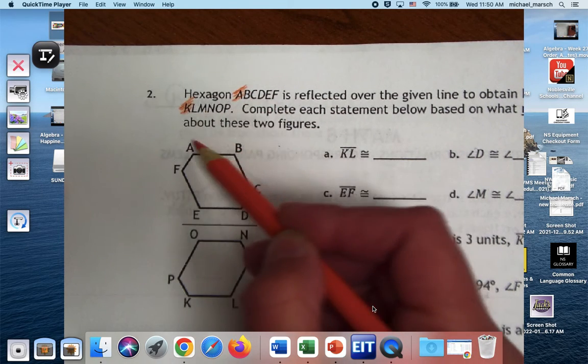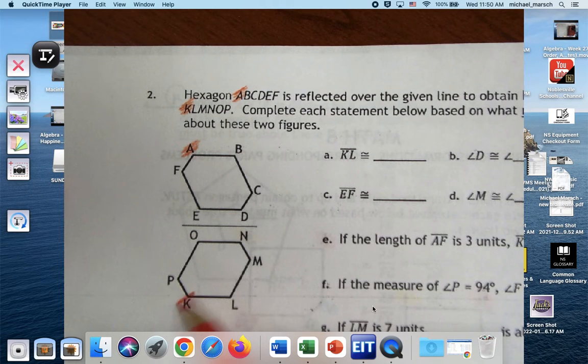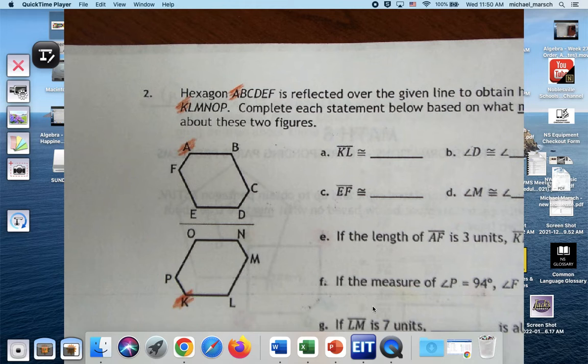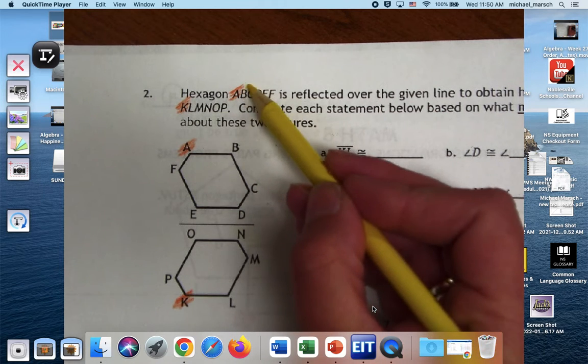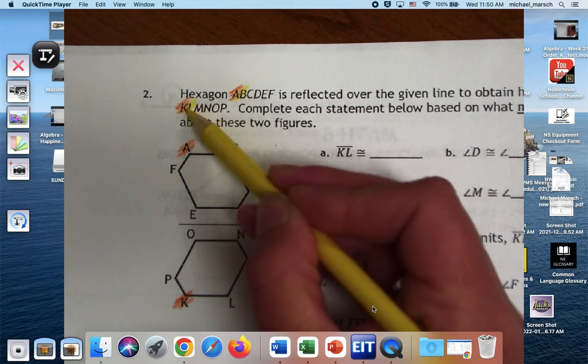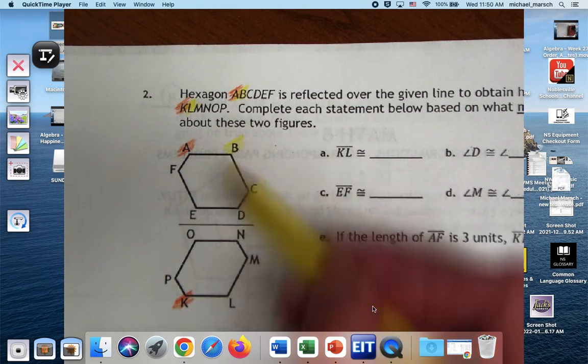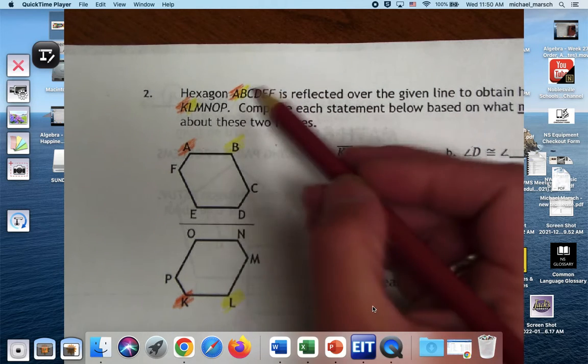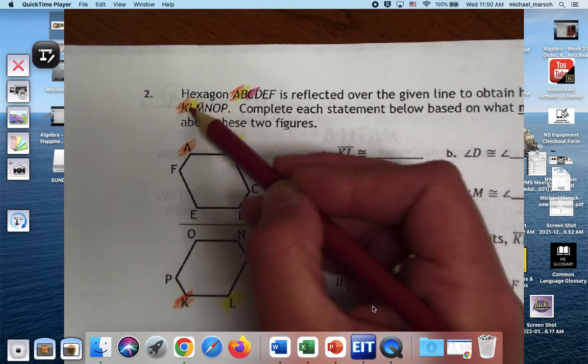It's going to correspond with K. B is the second letter. It's going to correspond with L. C is the third letter. It's going to correspond with M.